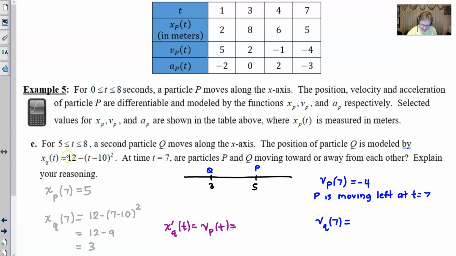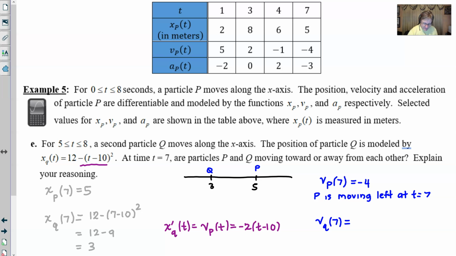So if I take this derivative, the derivative of 12, of course, is 0. And then if I differentiate this piece right here, the 2 would come out in front. I still have the negative there. And then I have t minus 10 to the first power. And technically, I would use the chain rule, but the chain rule derivative of t minus 10 is just a 1. So there's my velocity.